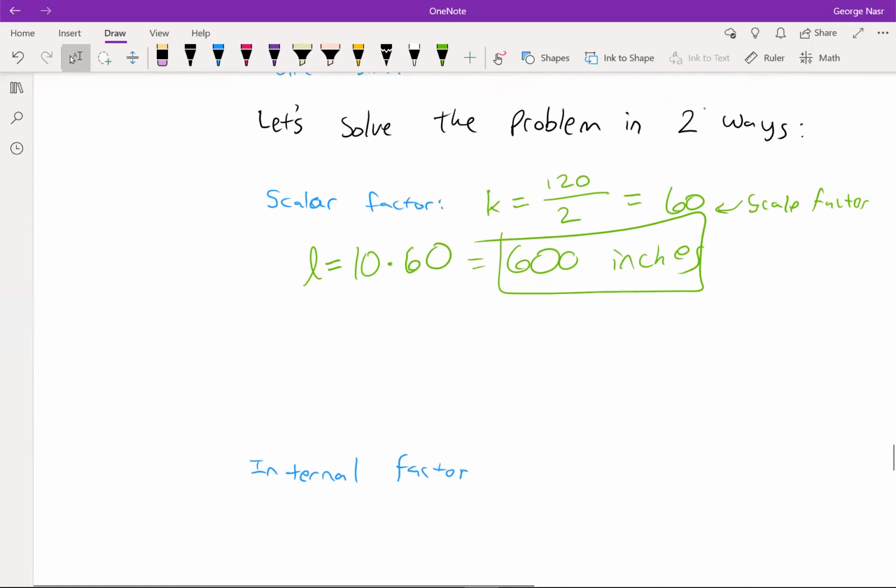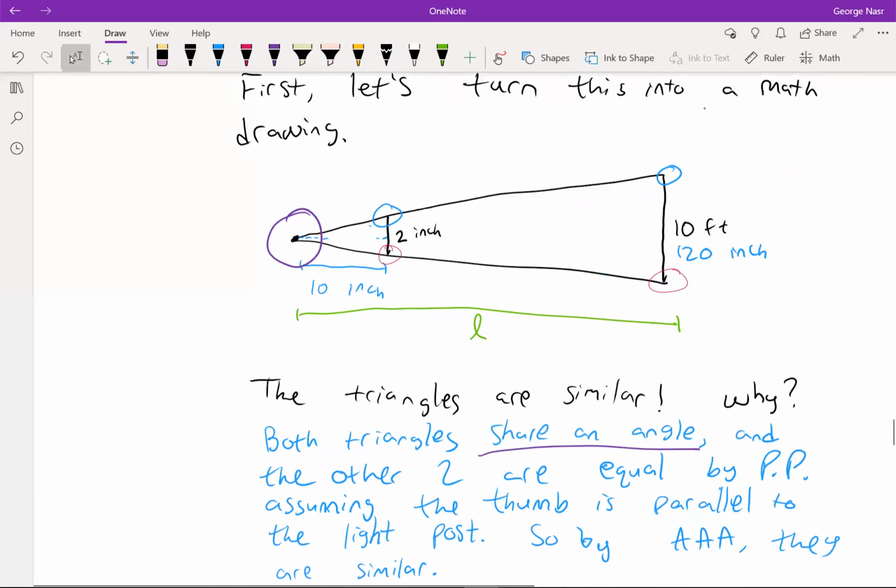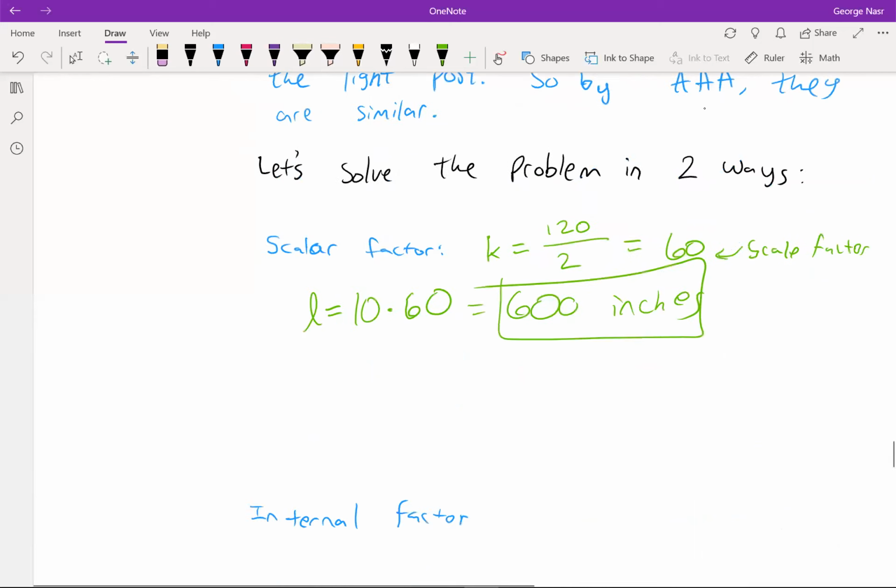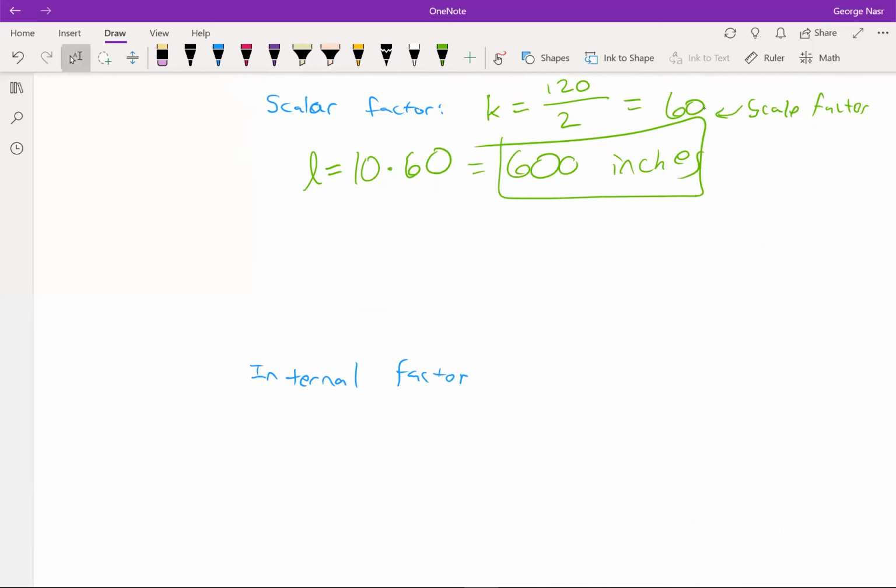What about the internal factor? Well, remember, internal factor is where you compare the dimensions of the same shape in order to figure out how the two quantities are related, and then the two quantities of the larger version have to obey that same relationship. Remember that there is some nuance in whether we do 10 divided by 2 or 2 divided by 10.